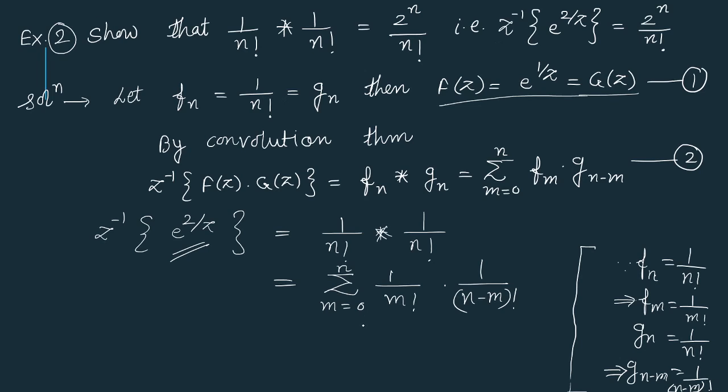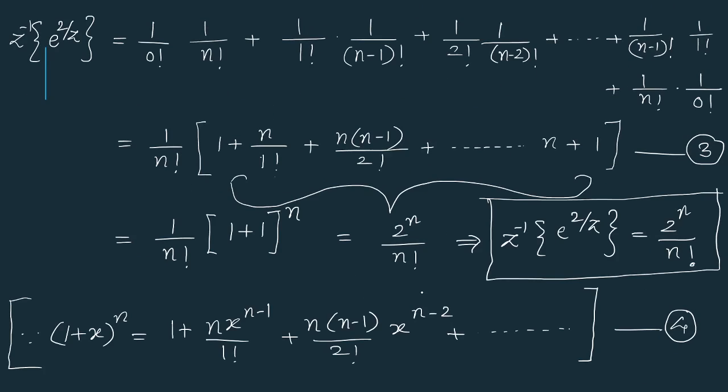Now we can write in the form of the convolution theorem summation m equal to 0 to n, 1 upon m factorial into 1 upon n minus m factorial. Similarly here f of n is 1 upon n factorial, therefore we write the value of f of m, which is 1 upon m factorial. Similarly for g of n is 1 upon n factorial, we write the value of g of n minus m here.